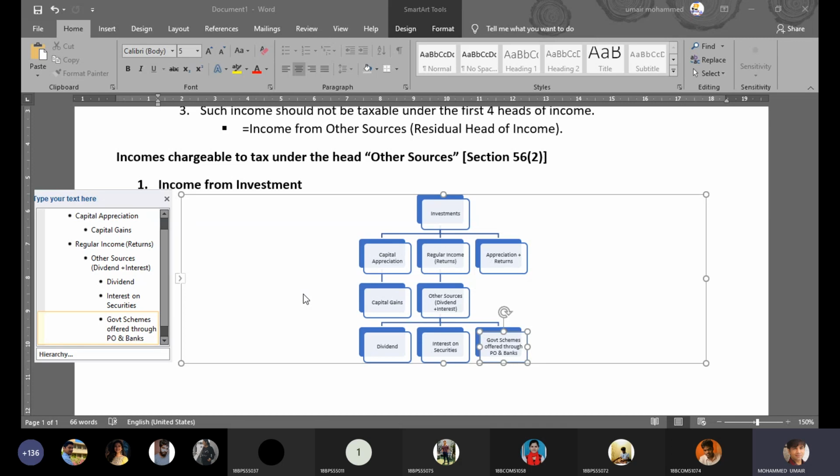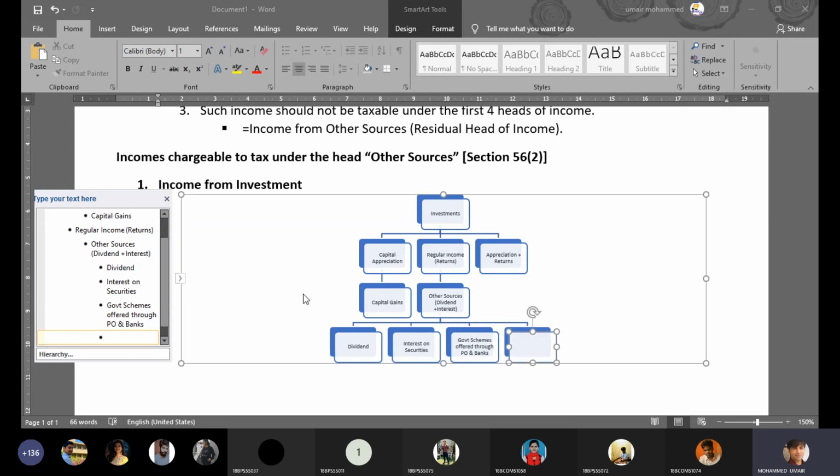What are government schemes? Government schemes include National Savings Certificate, Kisan Vikas Patra, Sukanya Samriddhi Yojana, and you also have post office deposit schemes. So all these schemes are under the custody of the Government of India. Then you also have banking products.